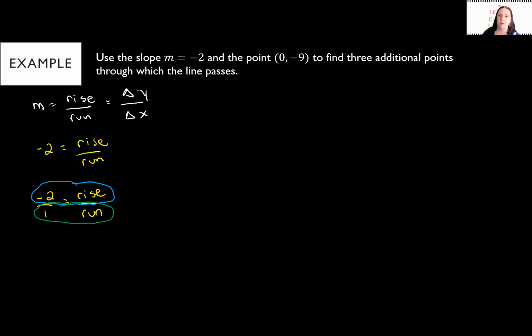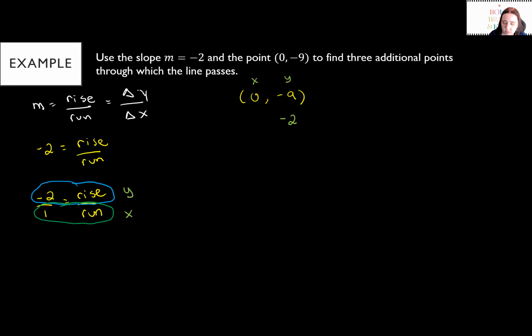So I use this with our ordered pair to create more points. So we have our ordered pair 0, -9. And I'm just going to label that this is X and then Y. And your rise over run is Y over X. So for Y, we have a -2, so you're subtracting 2 from your Y value.